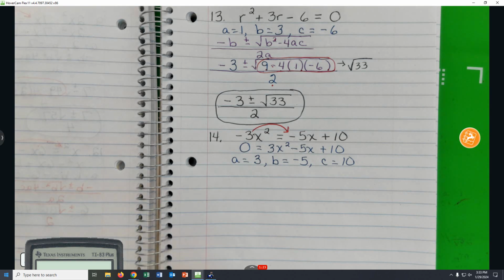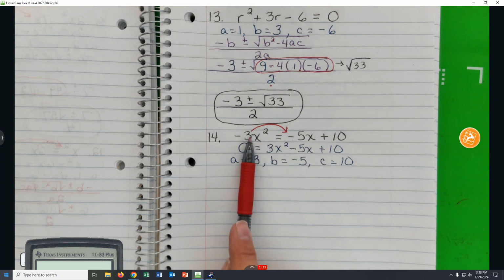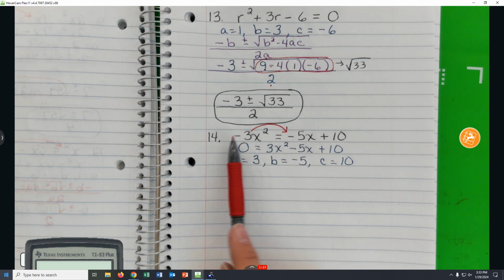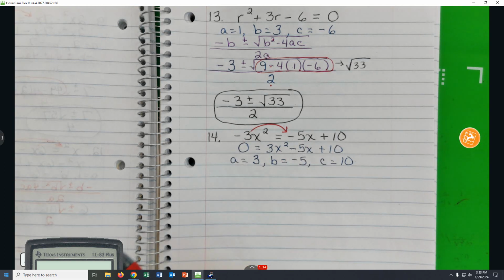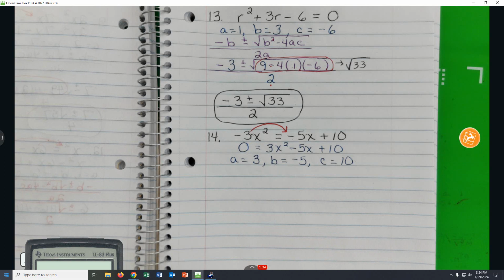This will work out easier than if you had moved this stuff over to the right and had a negative: A is negative 3, B is positive 5, C is negative 10. If you did it with A equal negative 3, you're going to wind up with a negative number in the denominator, and then you're going to have to get rid of it and rewrite that fraction with a positive denominator.